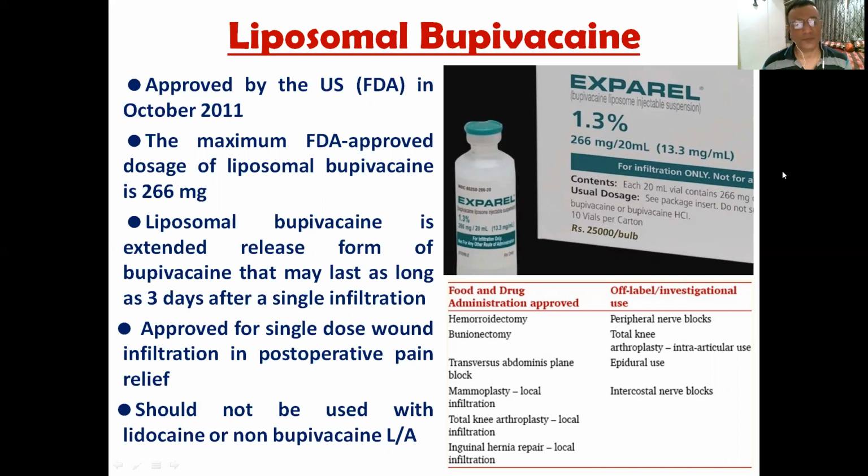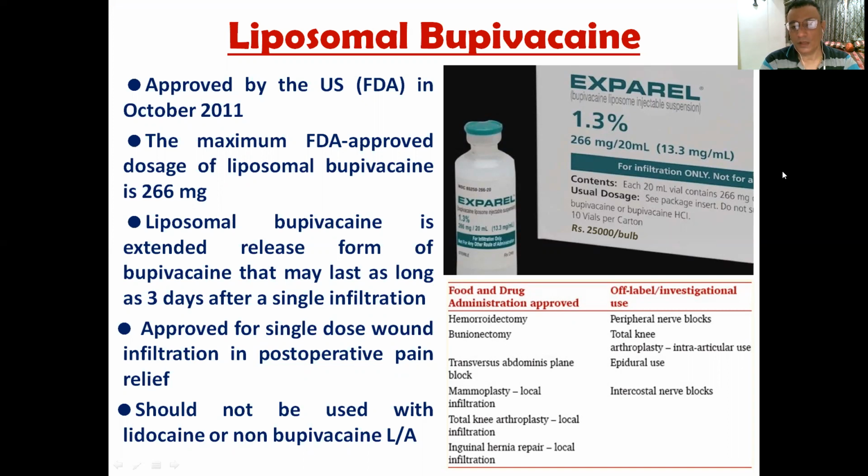It is an extended release bupivacaine that may last as long as 3 days after a single infiltration. It is approved for single dose wound infiltration for postoperative pain relief. It should not be used with lidocaine or other non-bupivacaine local anesthetics. But believe me, one vial of 20 ml, 266 milligram, costs 25,000 rupees.